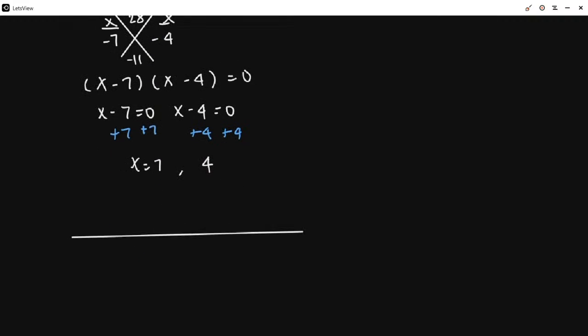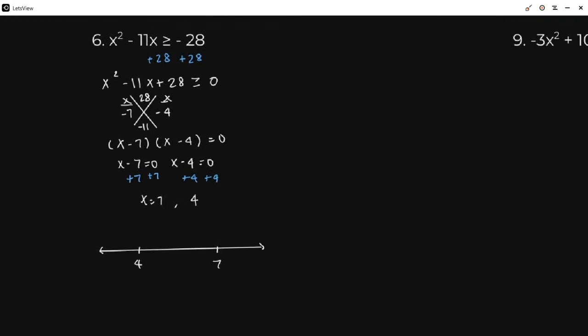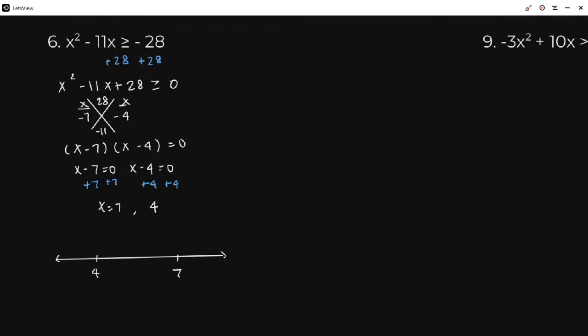Okay, so again, draw a number line. We have 4 here and 7 here. And we're going to test numbers in each interval. So on the left, I'm going to try x equals 0. So then I'll get 0 minus 0 is greater than or equal to negative 28, which is true.